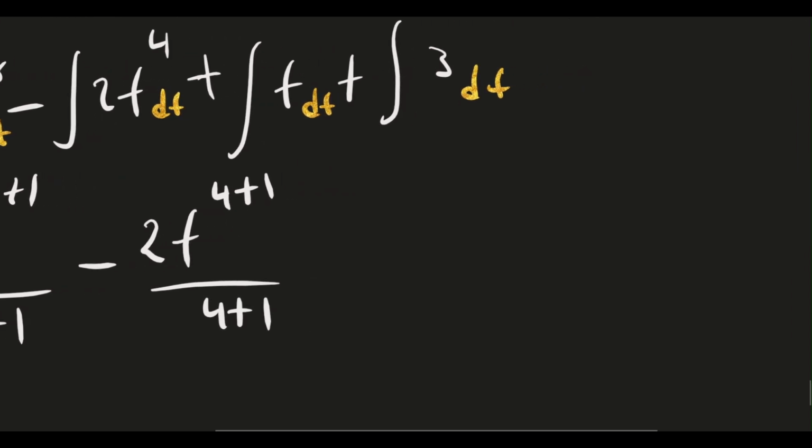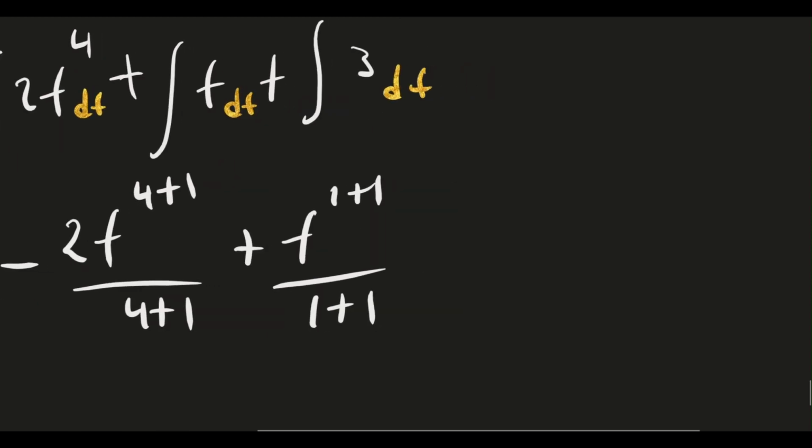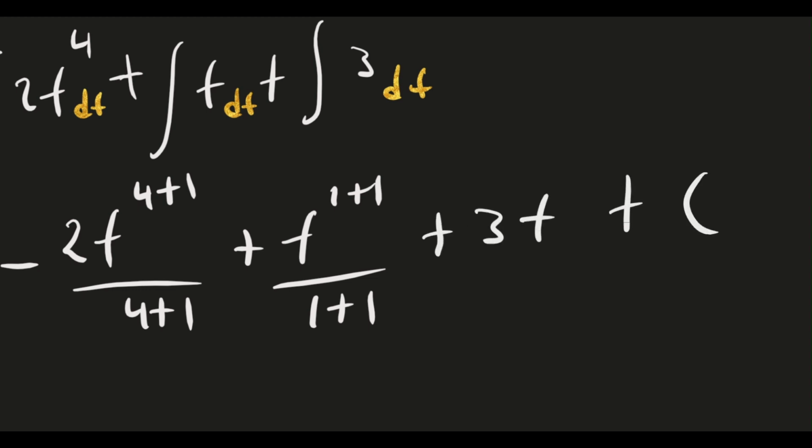And the next one here is t, so that is going to give us plus t raised to the power of 1 plus 1 over 1 plus 1. And lastly, we have a constant, that's going to be plus 3t plus the constant of integration.